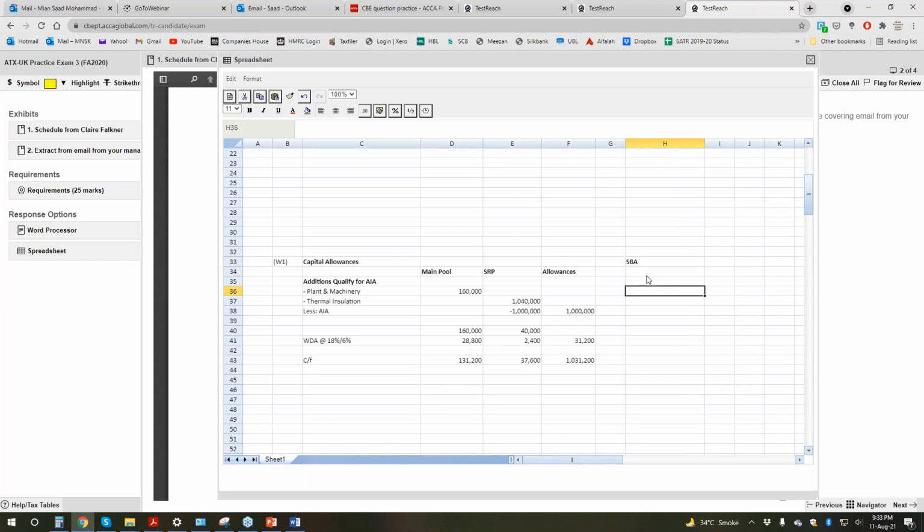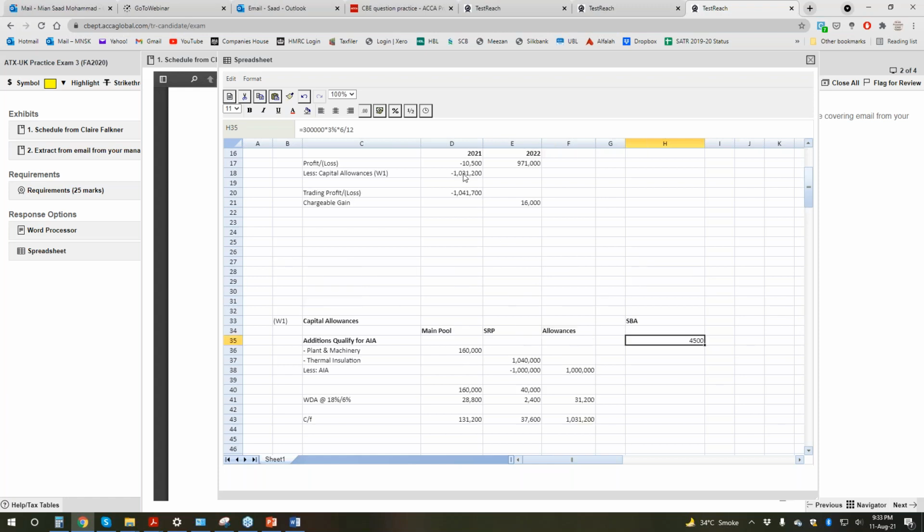So I can do a separate working here for SBA. SBA this year will be the buildings were 300,000 times 3% times 6 by 12. 4,500 it is.